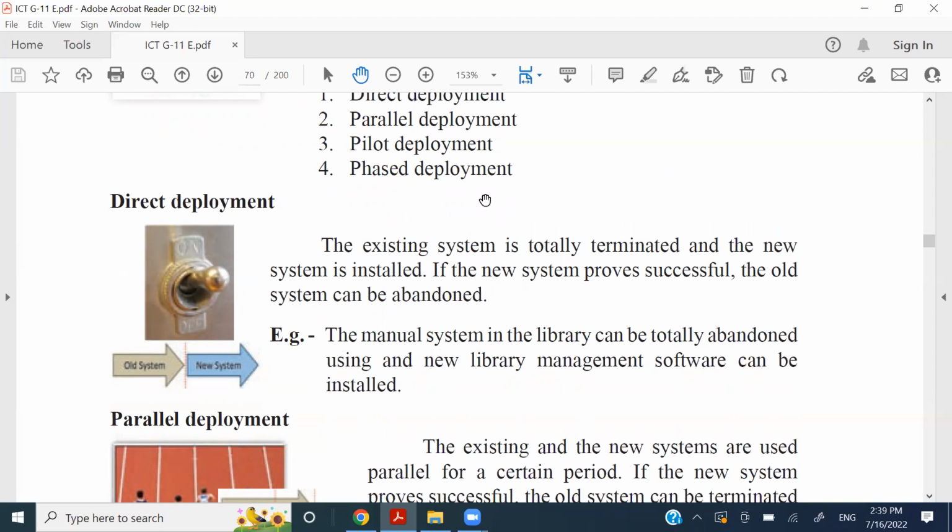If you take a small example, let's say we have introduced a fingerprint system to capture attendance. Earlier they may have had a system of signing in a book, where they put the arrival time and do the signature.